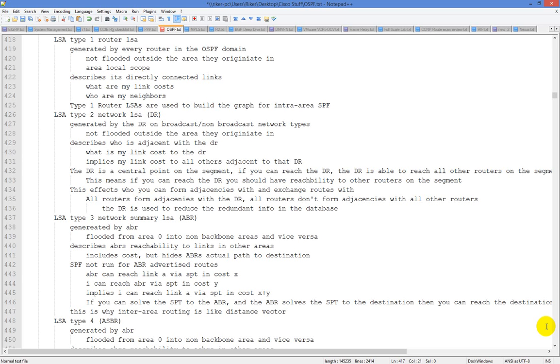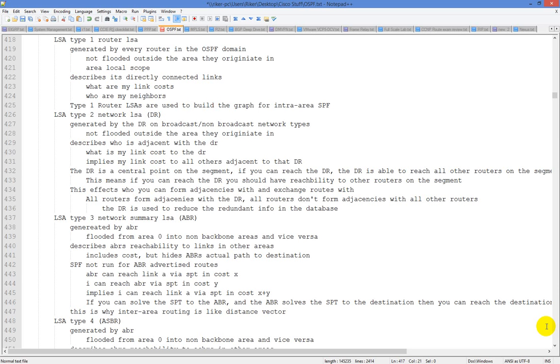We have router 1 and router 2 become the DR and the BDR. What's going to end up happening is router 1 and 2 are going to form full peerings with 2, 3, and 4. So router 1 is the DR, router 2 is the BDR. Router 3 and 4 are DR others.